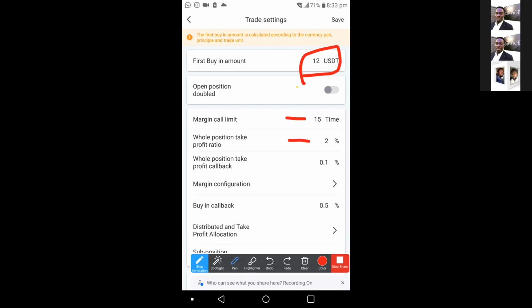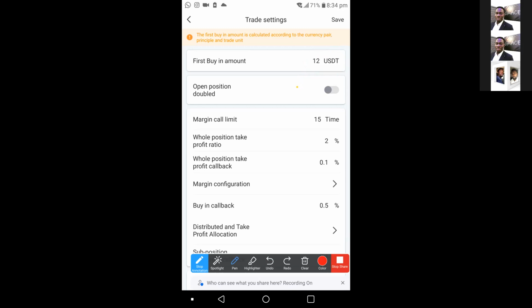Now let's say I enter the market with $12, my first buying order. If the market goes up 2%, you should get ready to take profit. Now this all position take profit callback is even if the market goes past 2% up to like 10%, you can still make, because it's an intelligent robot, you can still make that 10% profit as long as the market does not call back 0.1%.